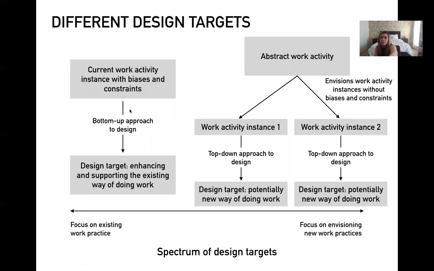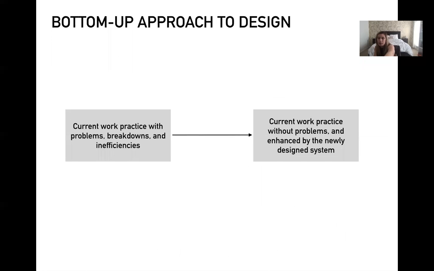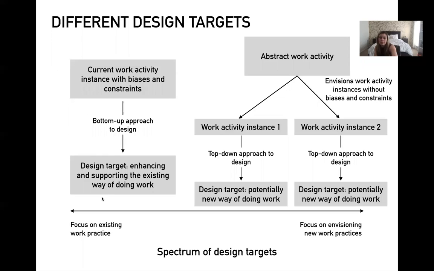This is the same thing as this part right here. Your goal when you're doing bottom-up approaches is to enhance and support the existing way of doing work. You're paying close attention to what users are saying and doing in the current application or whatever the current work practice looks like. In the top-down approach, you're not really talking to users first.